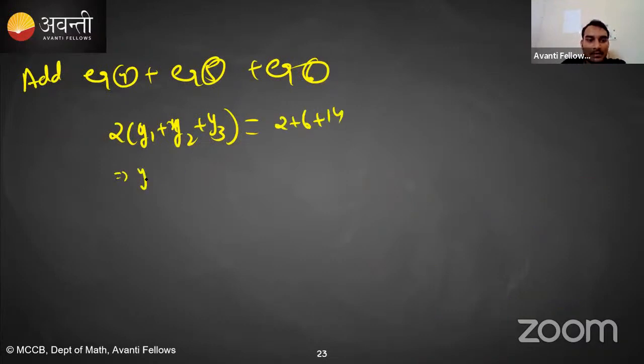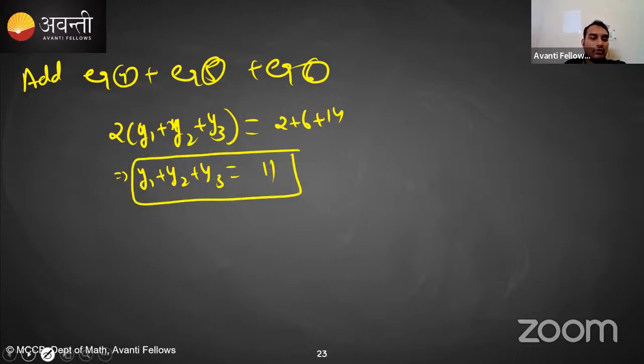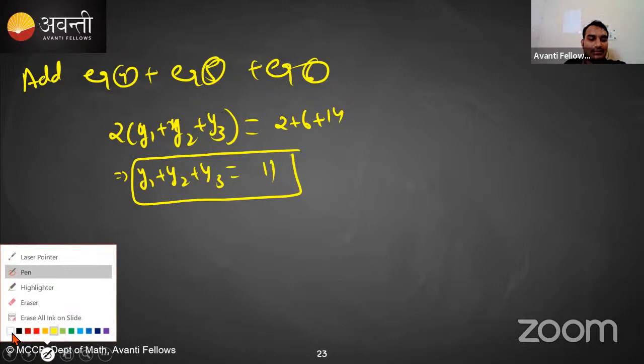It implies y1 plus y2 plus y3 is 11. Clear? So again, using equations 4, 5 and 6, you can get y1, y2, y3 respectively.